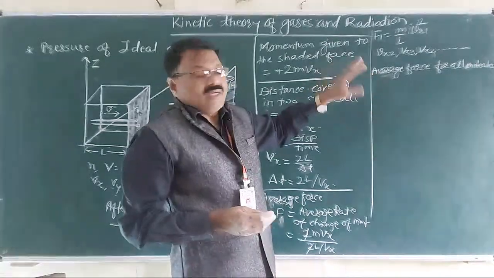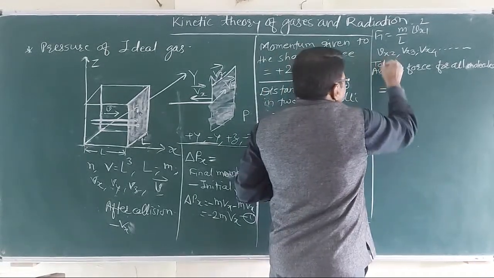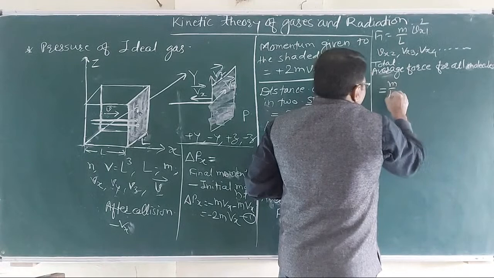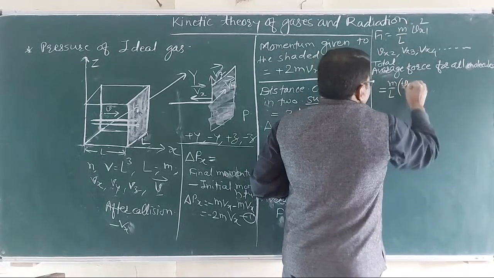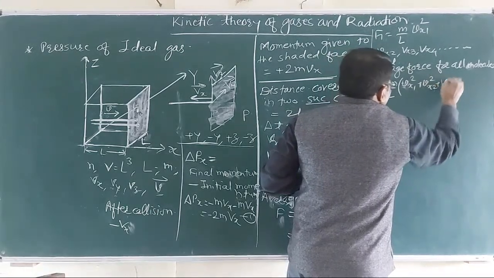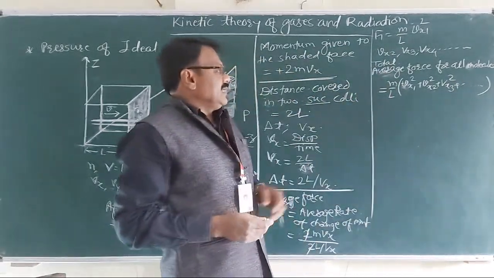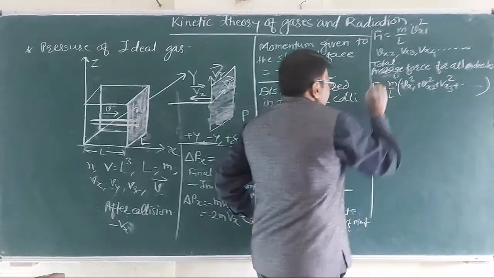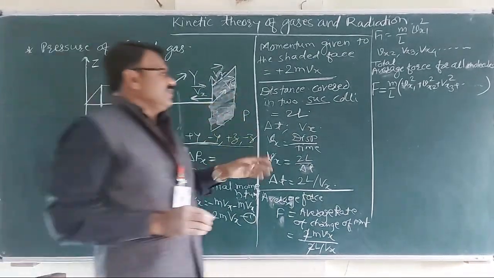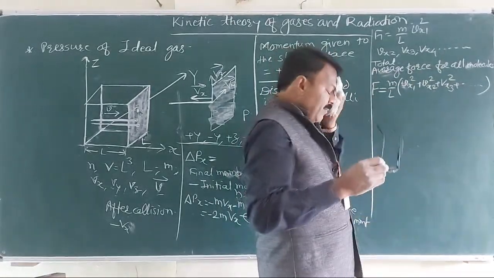The total average force is m by l into Vx1 square plus Vx2 square plus Vx3 square plus and so on. Suppose this is the force F, or we can write it as the average force for all molecules for the x component.